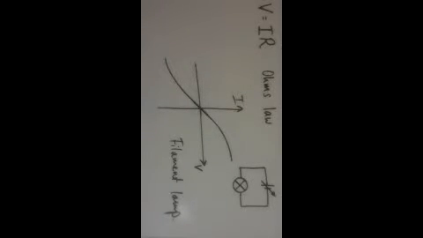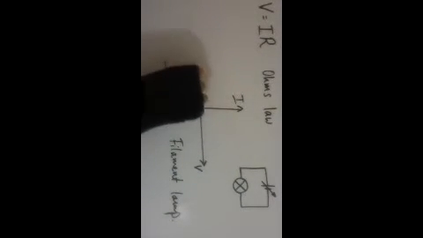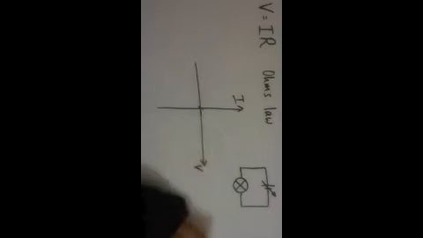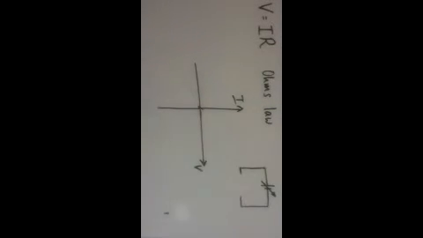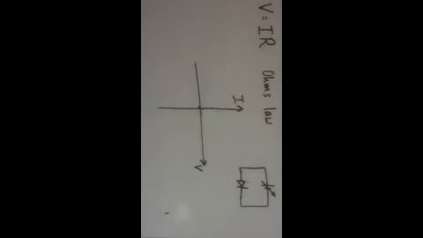And the third and final one is a diode, a semiconductor diode. Now, a semiconductor diode is basically like a one-way valve. So the symbol for it is an arrow, like that.